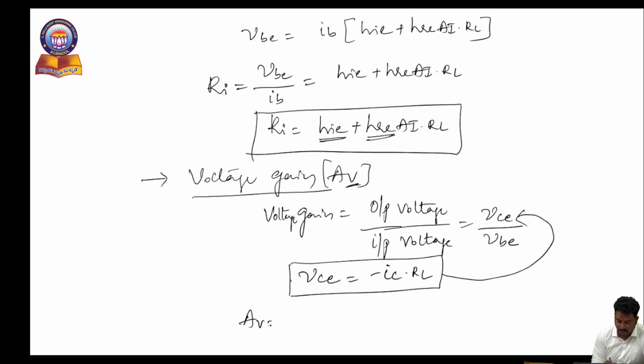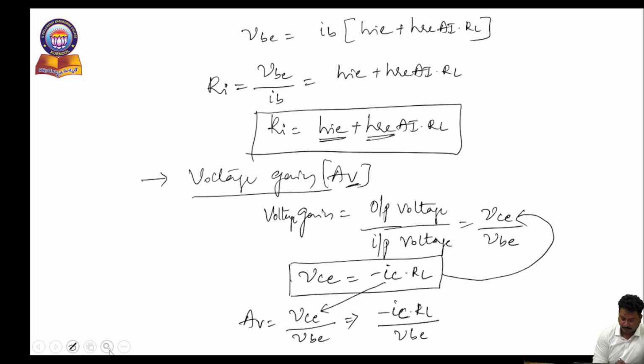First I write voltage gain is VCE by VBE, and substituting that value it becomes minus IC into RL by VBE. Now concentrate: AV is minus IC into RL by VBE.